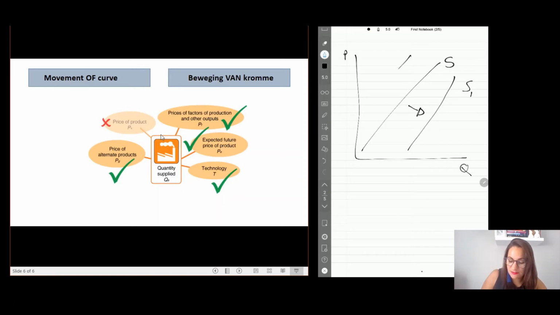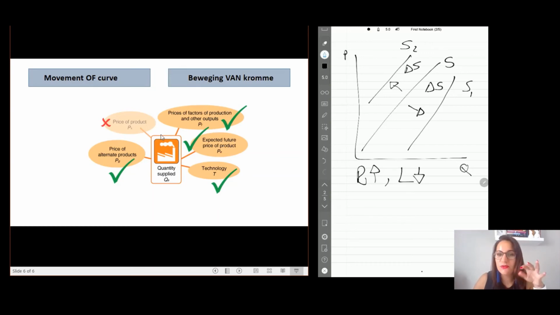If the supply curve moves to the left, it's a decrease. You see why it's very important not to say that the curve moves up or down, because it can be confusing. If the curve shifts to the right, it means there is an increase. If the curve shifts to the left, it means there is a decrease. And then we say there is a change in supply due to the increase or the decrease.